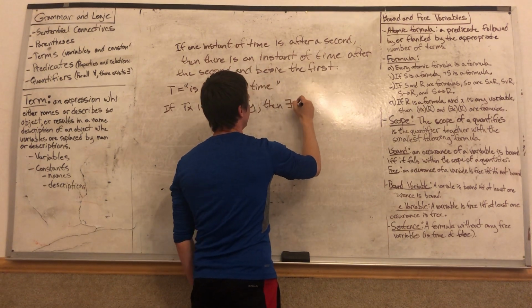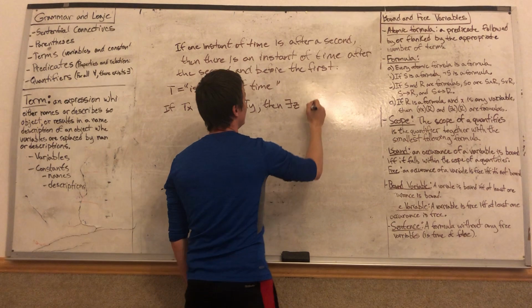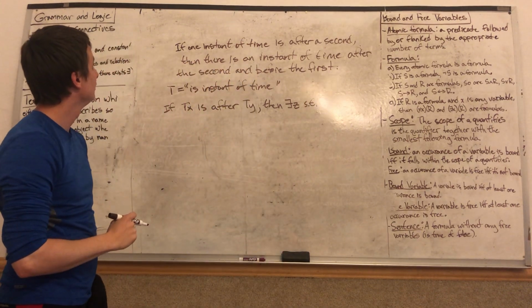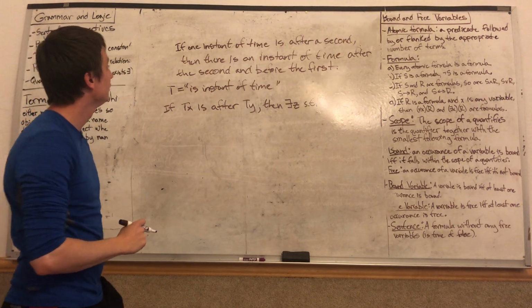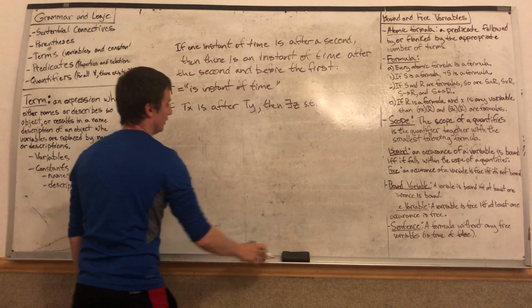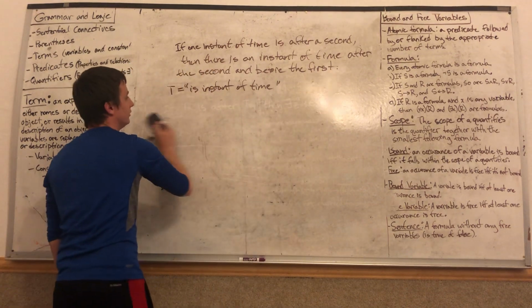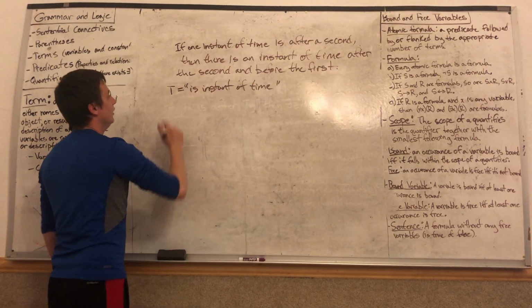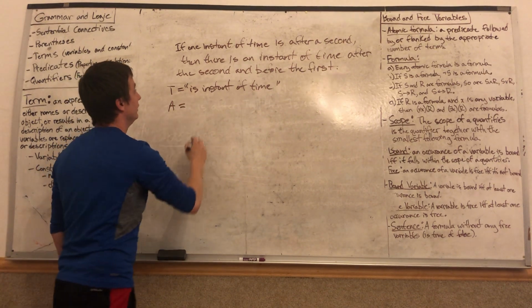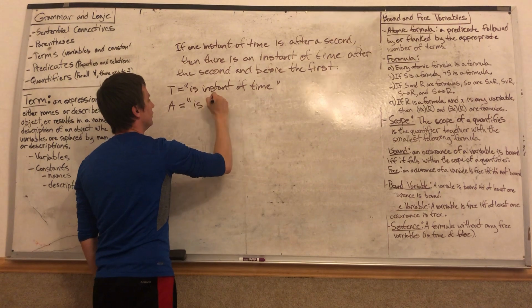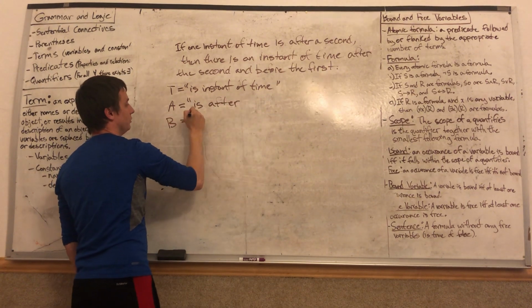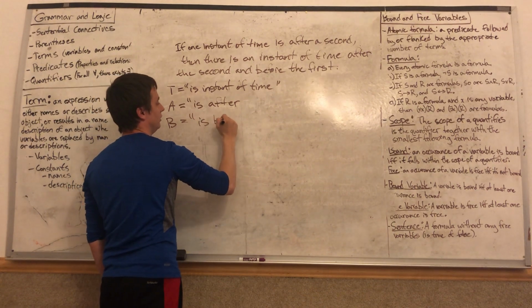there exists another predicate, Z, such that Z is... We're gonna need more predicates. Let's do A equals is after, and B equals is before.